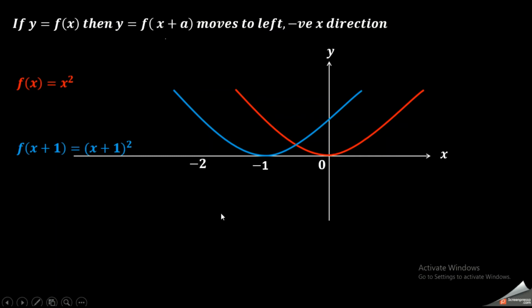Now we will see another example of the same. This is f of x plus 2. Now x is replaced by x plus 2. So this will become x plus 2 squared.